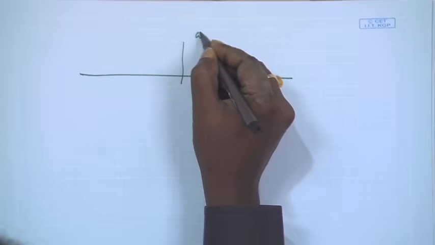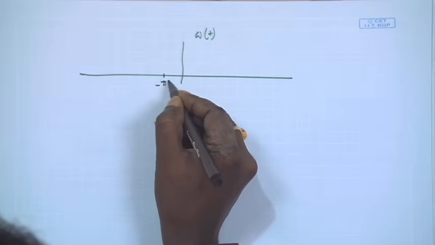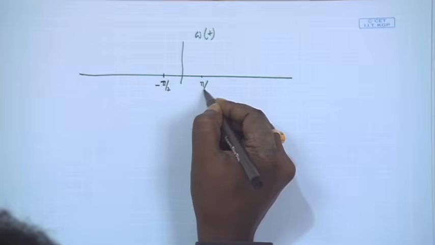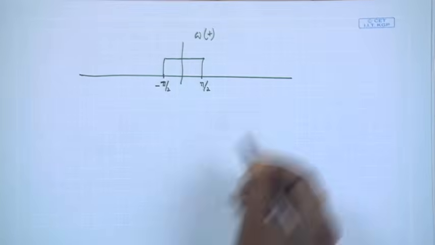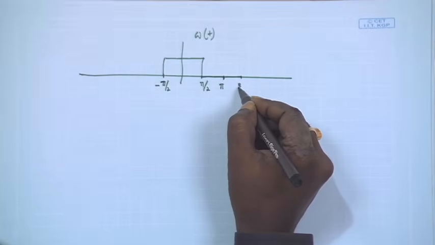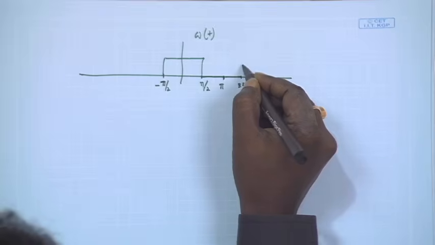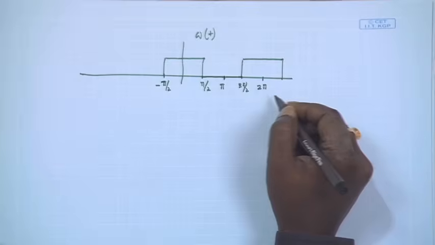If we give one example, let us represent this particular signal. The signal is something like this. Let us say it is omega t, defined from minus pi by 2 to plus pi by 2. It is like this, and then again this is pi, this is 3 pi by 2, it starts again, this is 2 pi, and so on.